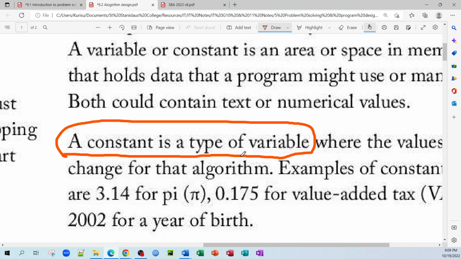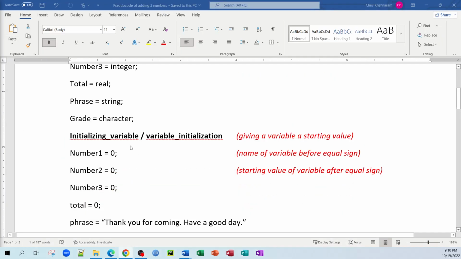So creating a constant is actually just like creating a variable, because a constant is a type of variable. So basically, we've already created a constant.